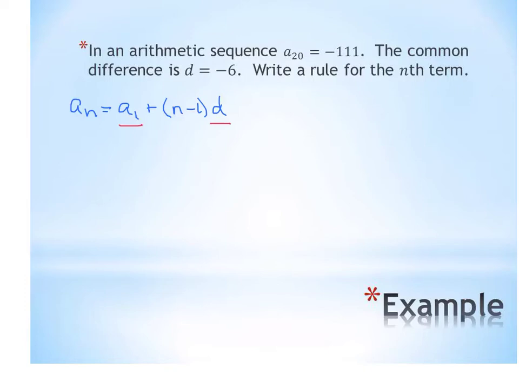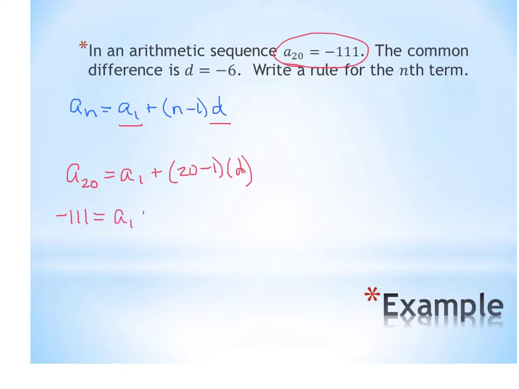So let's see here. I specifically know the 20th term, so I know a sub 20 is still going to equal a sub 1 plus 20 minus 1 times d, but even more specifically than that, I know a sub 20 is negative 111, so you could really skip to this step.